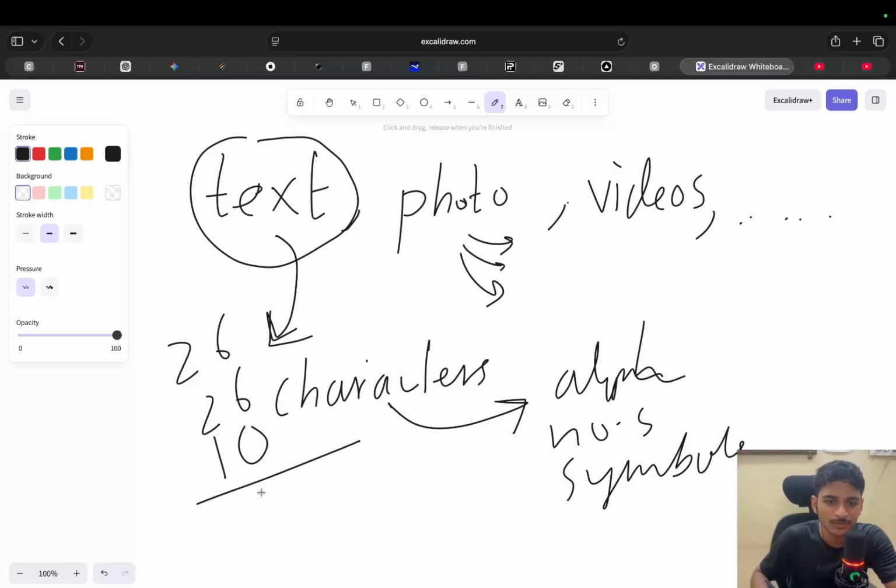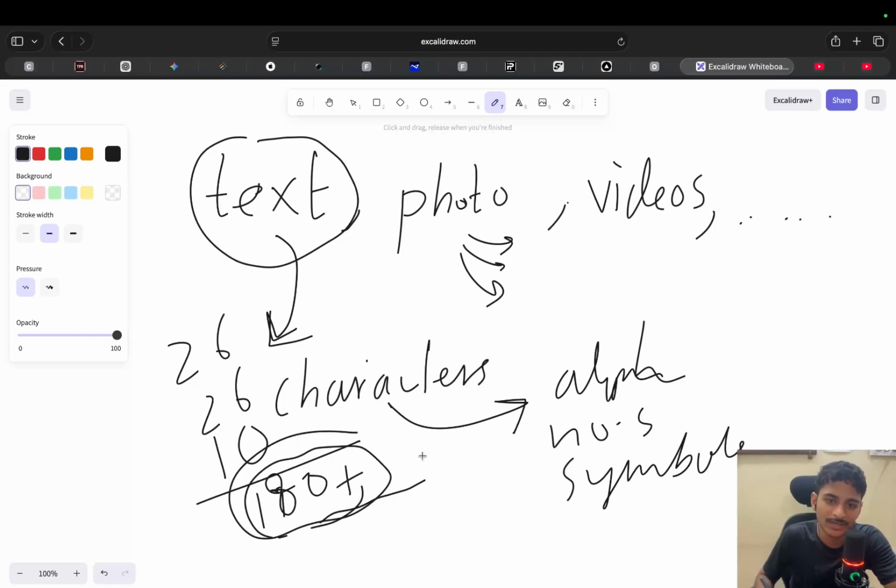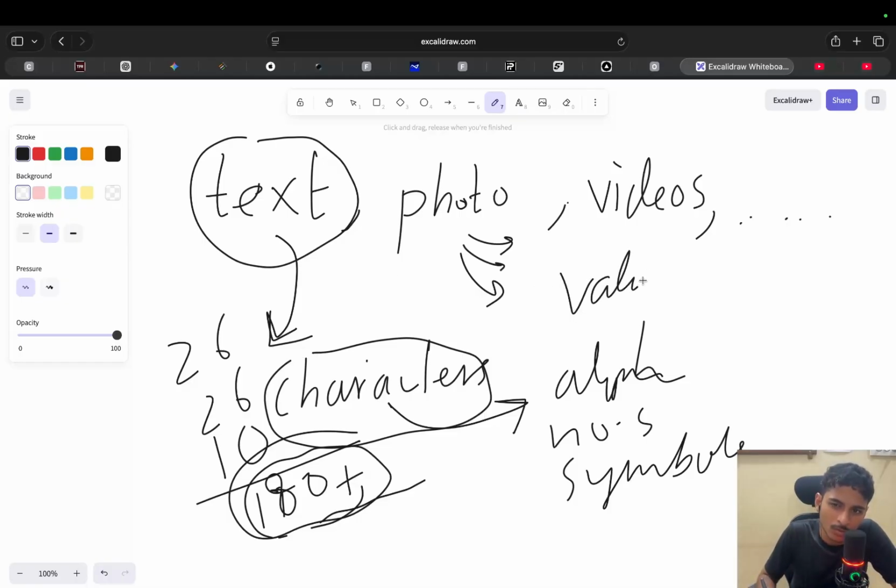Even if you mix all of them, you'll get about 180 to 190 or 170, in that range of characters. I don't remember the exact number. So if you assign a unique value to each character, can it store the data?